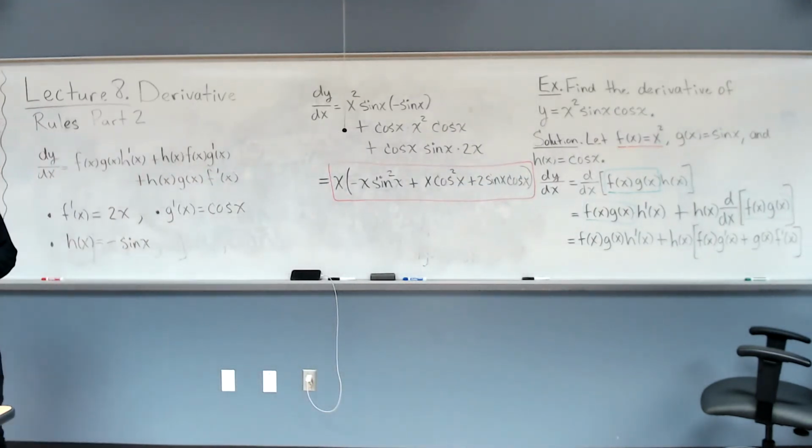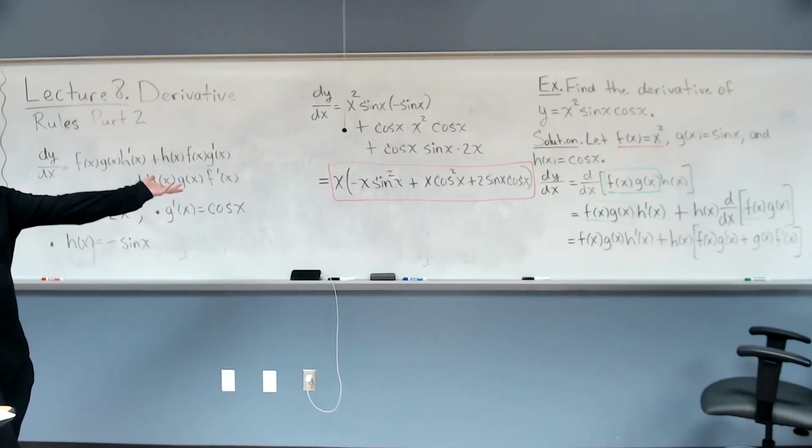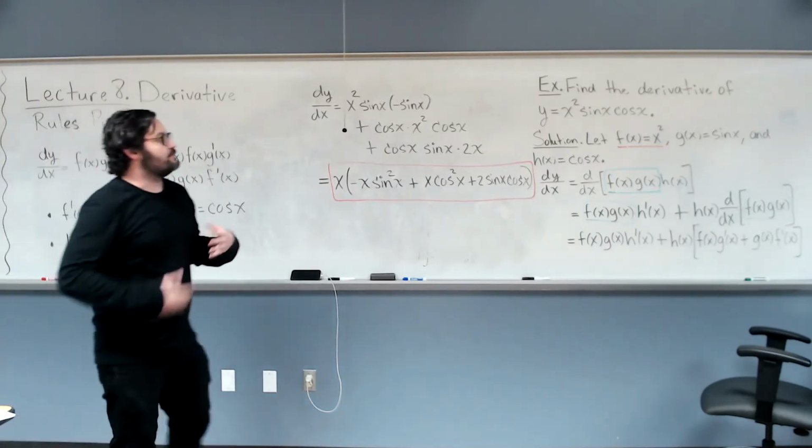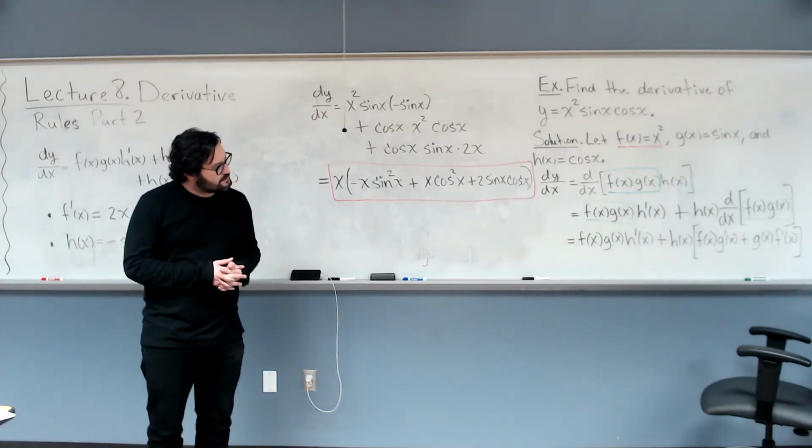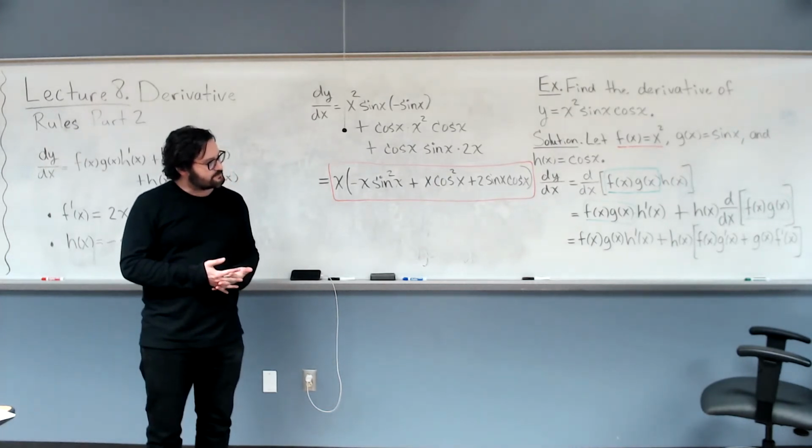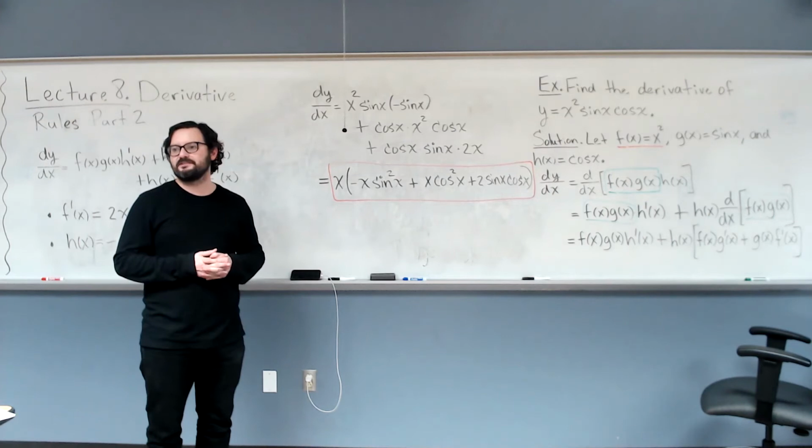Again, this is one way to write the solution. Another way would just be to know how it's going to, no, this is probably the safest way. I'll show you another way.